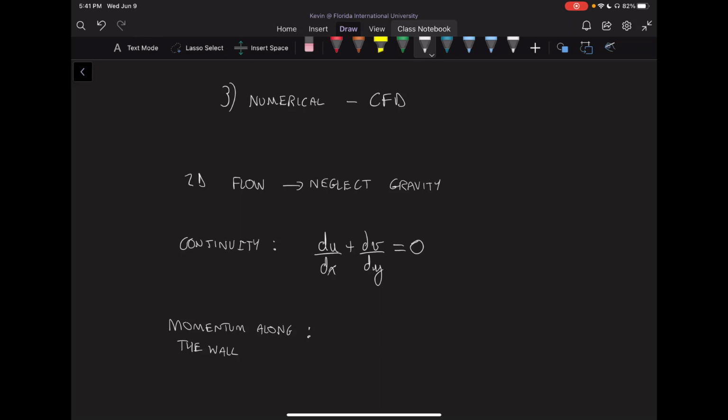We have u du/dx plus v du/dy is approximately equal to our free stream flow speed times dU/dx of our uppercase U, okay, so our capital U, plus 1 over rho times d tau over dy.